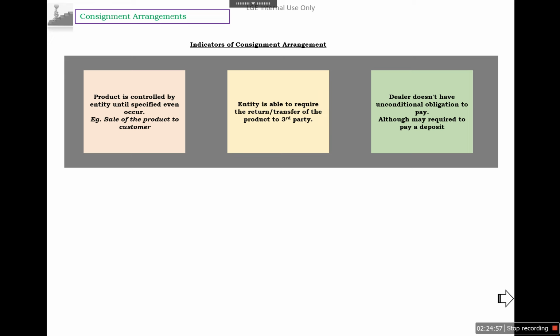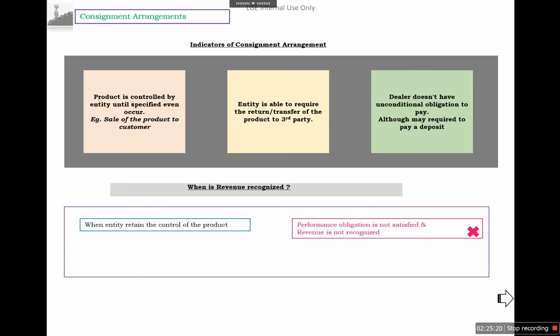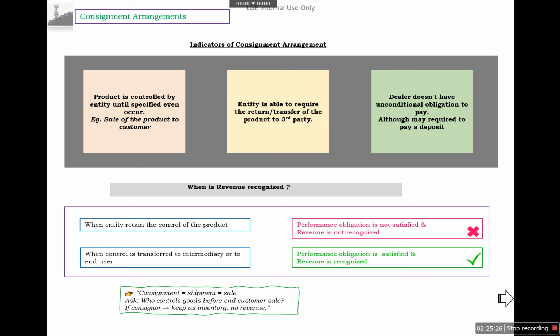For example, A has given 50 units to B, saying that if a sale happens, then you give me the sale price back, else you return the material. So in this case, the control has not been transferred. So we need to check whether the control has been transferred or not. If control has not been transferred, in that case, the performance obligation is not satisfied and revenue will not be recognized. And in case the control is transferred, we will recognize the revenue.